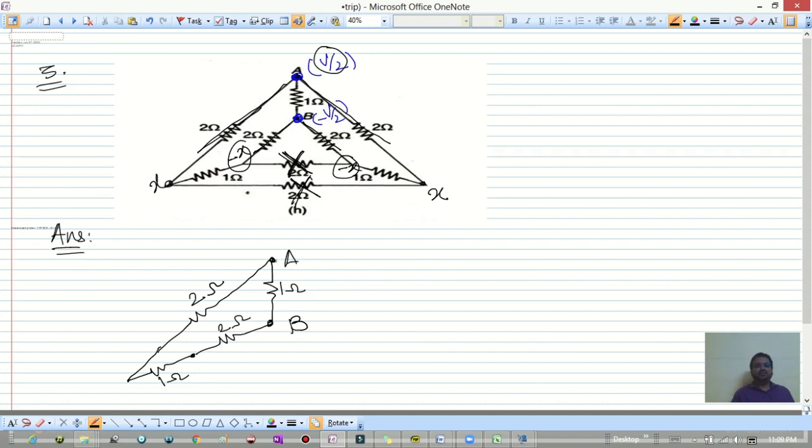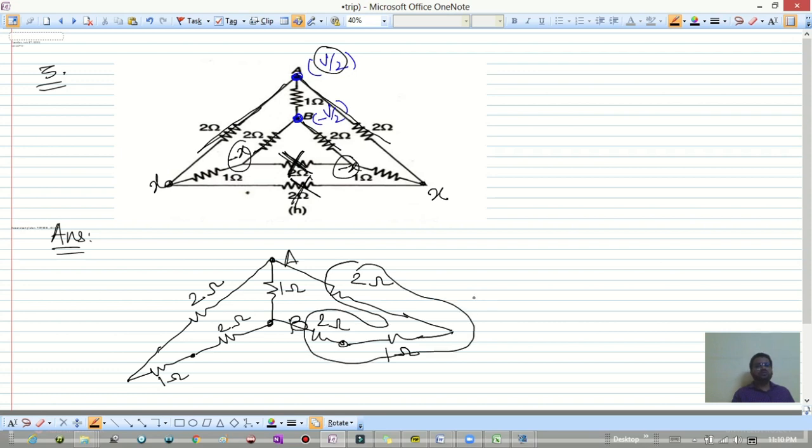Likewise, from A, we have 2 ohm resistance, which is connected to this 1 ohm resistance. Now this 2 ohm and this 2 ohm not required. So as you can see, this 2 ohm, this 1 ohm and this 2 ohm, they are in series.